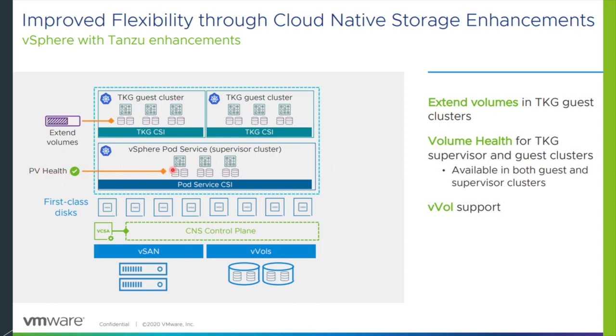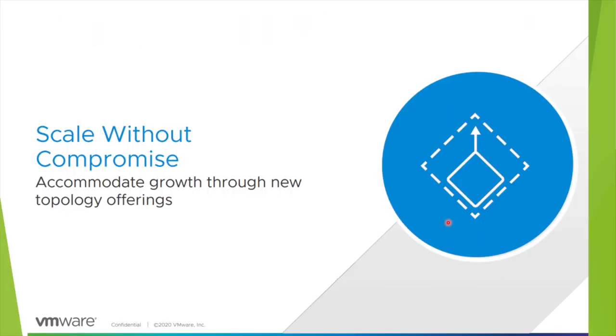It checks what issues are happening and then presents them in this PV health, which we are seeing here. And the new thing I would like to highlight is vVols. Right now vSAN does support vVols, which is a good thing. vVols was not supported before, so now the support for vVols is here.